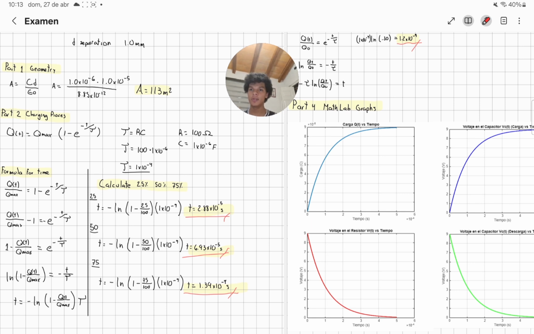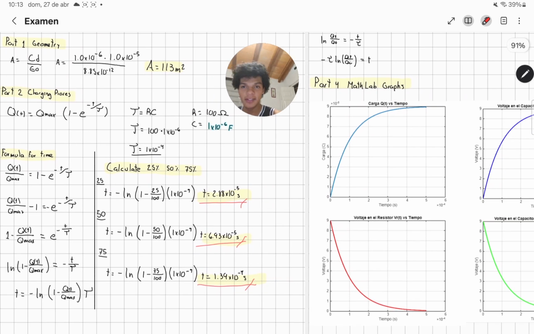Then part 2 is the charging process. The given formula is this, and the time constant tau is R times C, with a resistor of 100 ohms, and the capacitance that we have already seen. Now this is the value of tau.